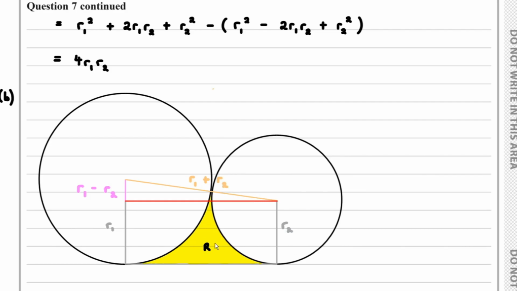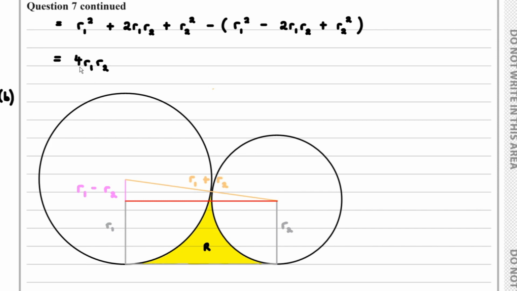So we've got the region R shown shaded here, and as before we've got the distance between the centres being R1 plus R2, we've got the radius of C1 being R1 and the radius of C2 being R2.